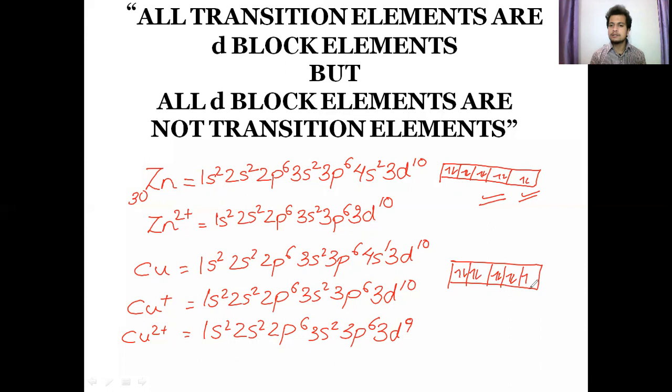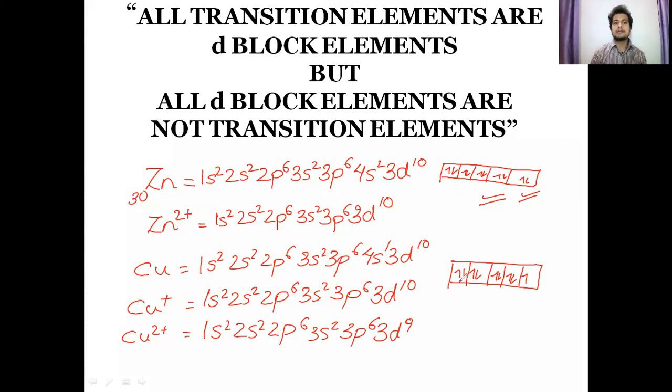Can you see over there that you have one unpaired electron? That unpaired electron actually fits into the definition now, that a transition element is one which should have an incompletely filled d subshell, that is 1 to 9. It has 9, it has one unpaired electron, and no doubt it is a d block element, but now will be considered as a transition element also.